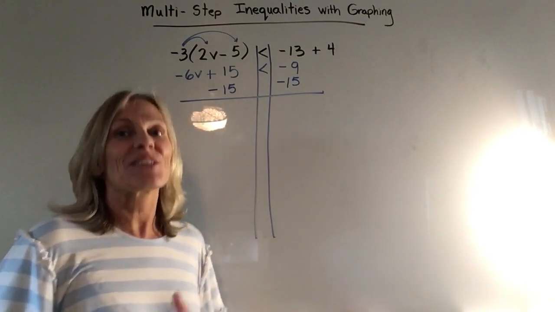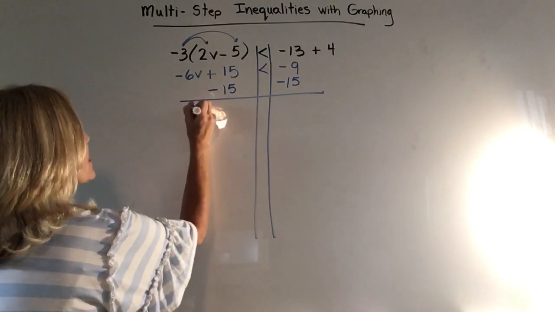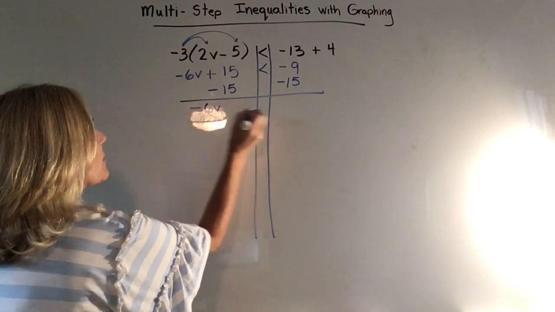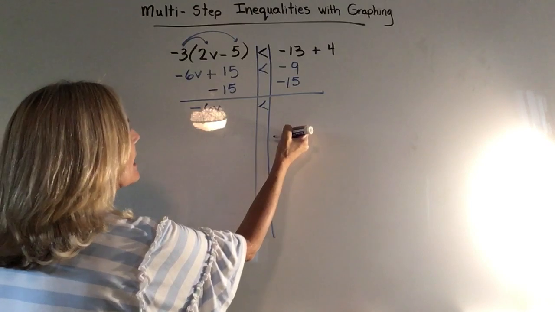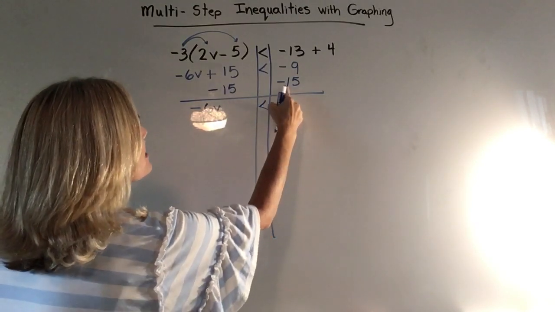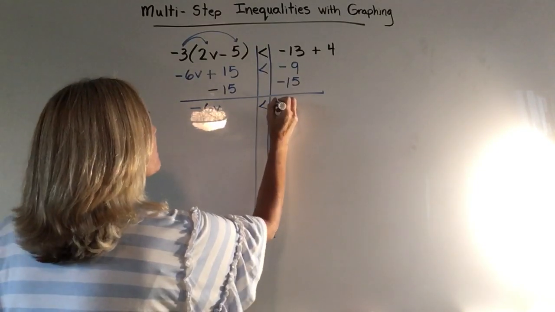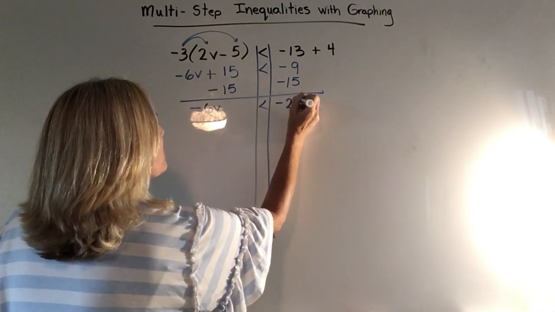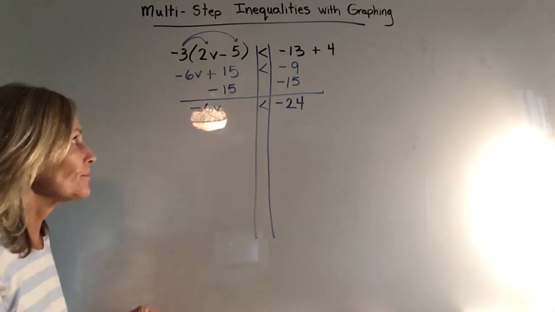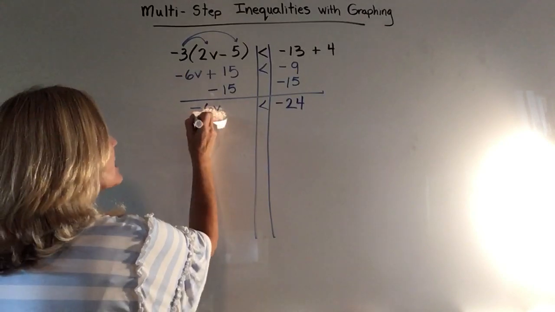The addition property of equality. That will leave us with -6v on this side is less than, and on this side we have to add them together. We have -24. Now we're going to go ahead and divide both sides.